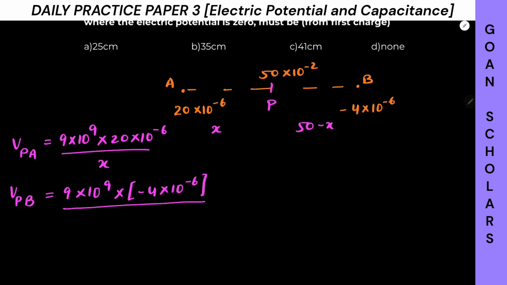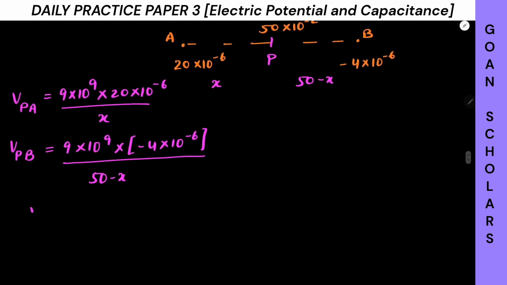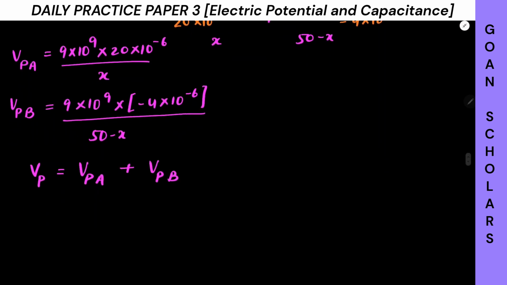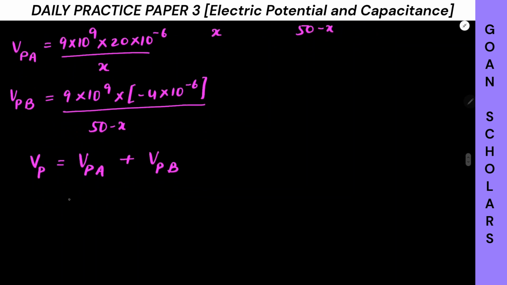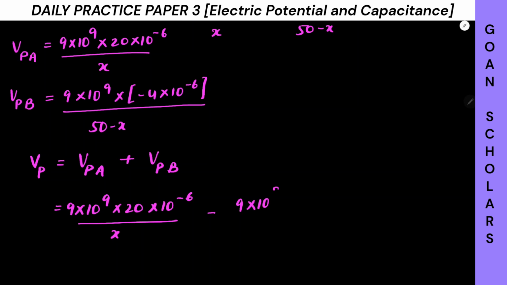So the negative sign will be considered, upon 50 minus X. So net potential at point P will be VPA plus VPB. Now what is VPA? VPA is 9 into 10 to the power 9 into 20 into 10 to the power minus 6, whole divided by X, minus 9 into 10 to the power 9 into 4 into 10 to the power minus 6, whole divided by 50 minus X.